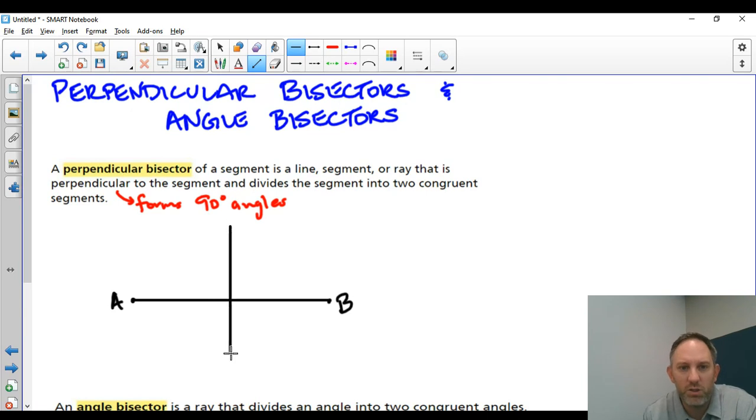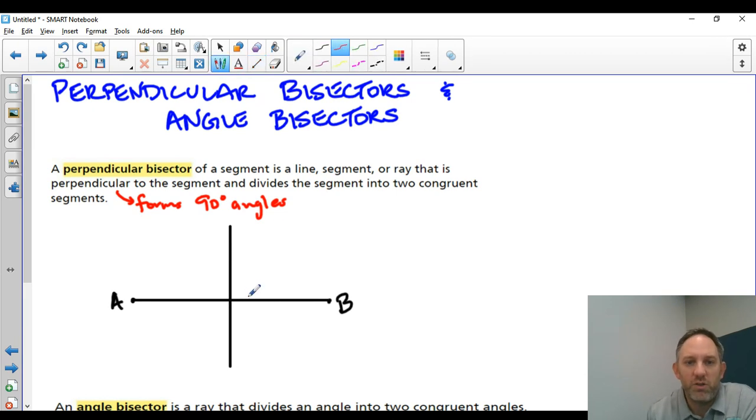Let me move that over just a touch. That looks a little bit better. So this segment right here would be a perpendicular bisector so long as it is making a 90-degree angle here, and then of course it would also make 90-degree angles at these other places, and it's dividing the segment into two congruent parts. So if I call that point P, then segment AP and segment PB would be congruent. Then that would be considered a perpendicular bisector of my segment.